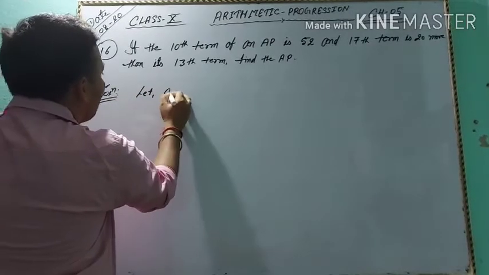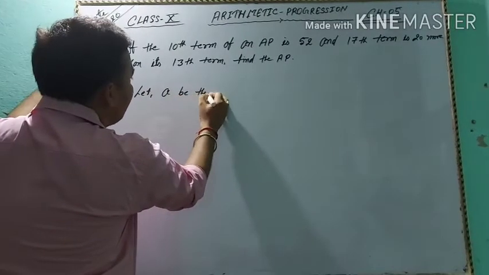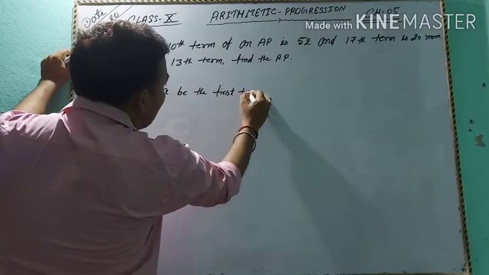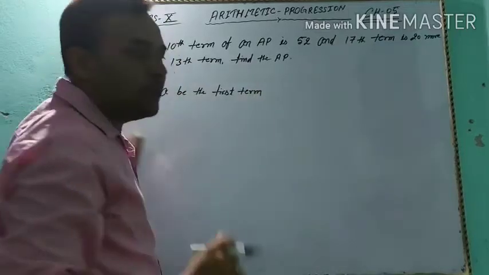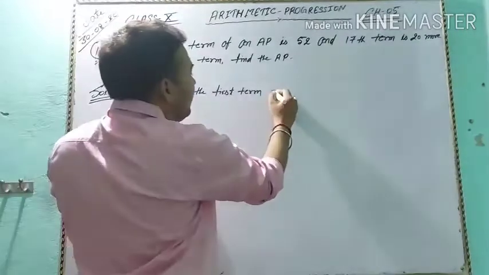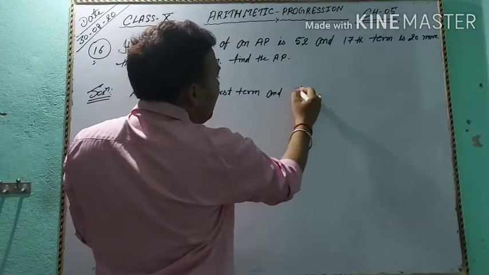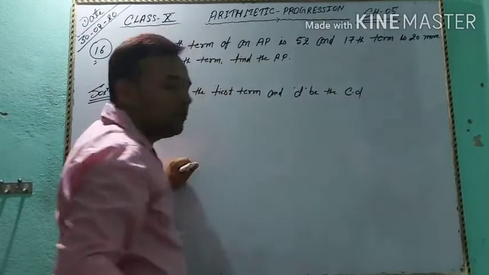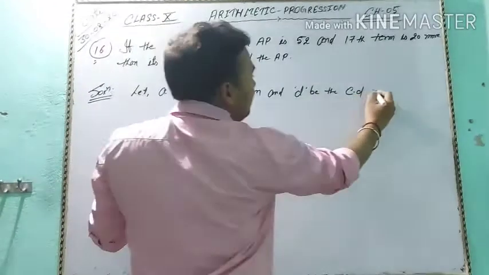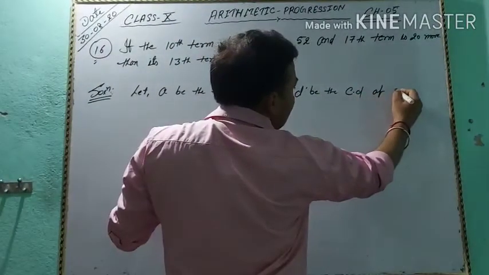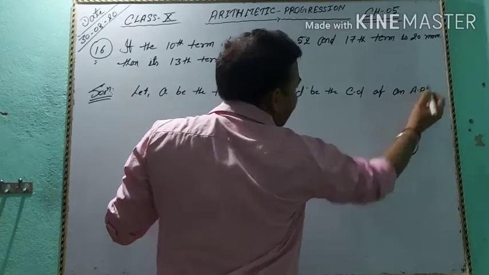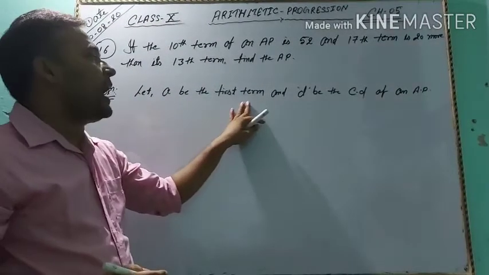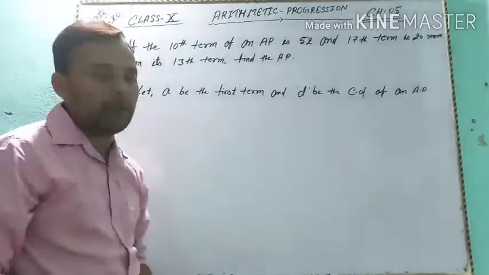Let A be the first term and D be the common difference of an AP.